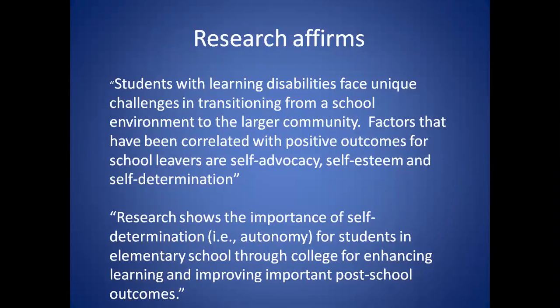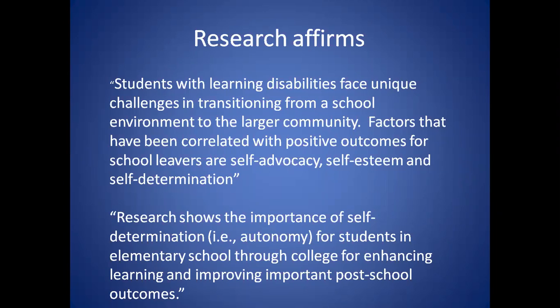And then the research backs this, and I'm not going to go too far into the research. The first cluster of words up there has to do with students with learning disabilities, but the bottom has to do with all of us and all of our students. In research, it has been shown that there is a correlation between students who have skills in self-advocacy, self-esteem, and self-determination.